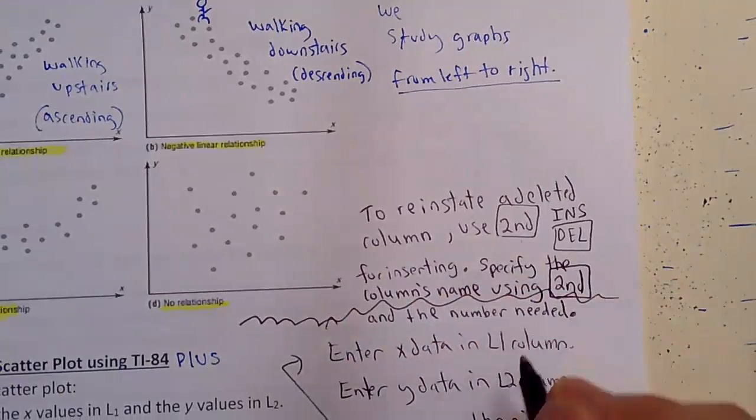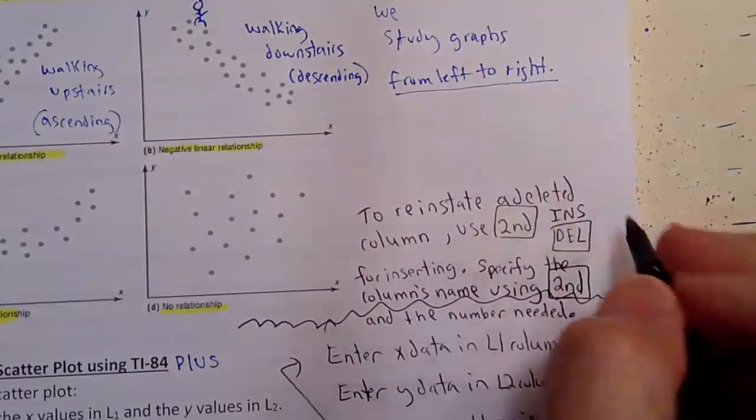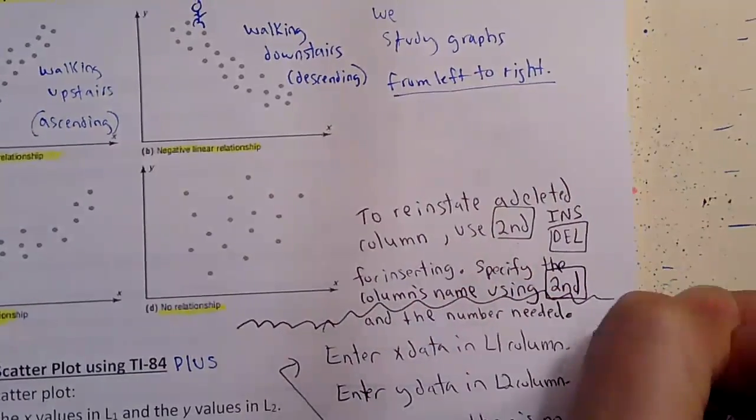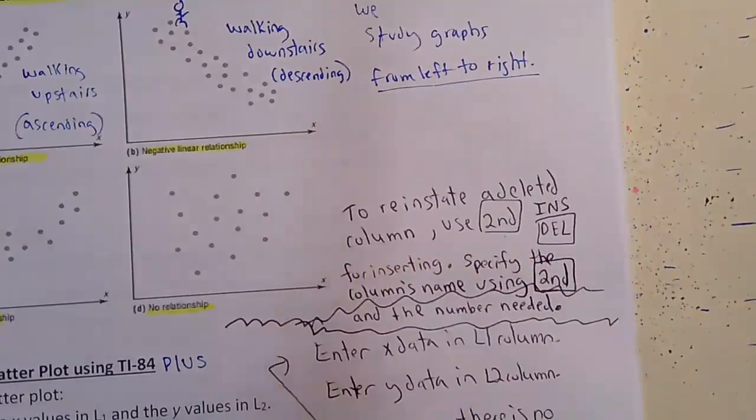So if you needed L1, you'd hit the second button and number 1. Okay. And now I kind of wish I had drawn this line this way. Sorry.